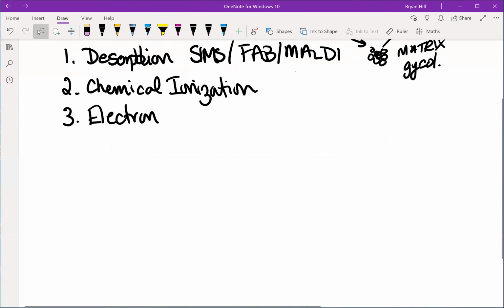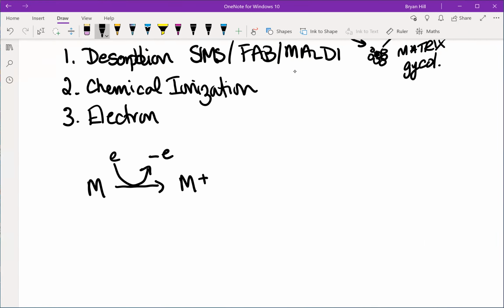So in the electron one, you've got your molecule, and it gets hit by some high energy electrons, and it strips off an electron. So you end up with a radical cation because it's lost an electron. Your sample's lost an electron.